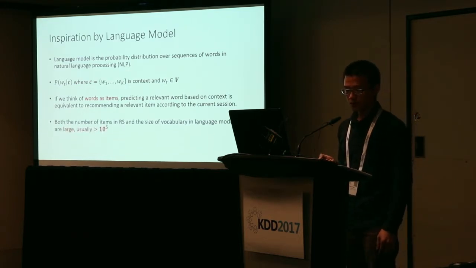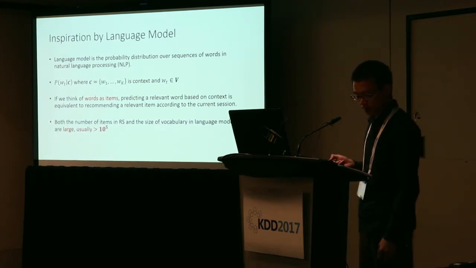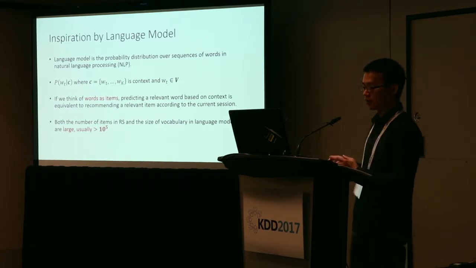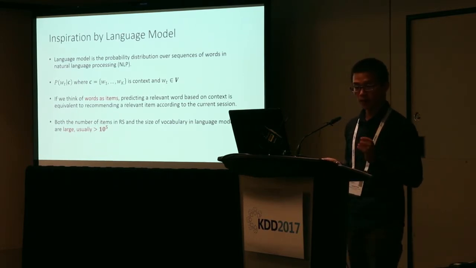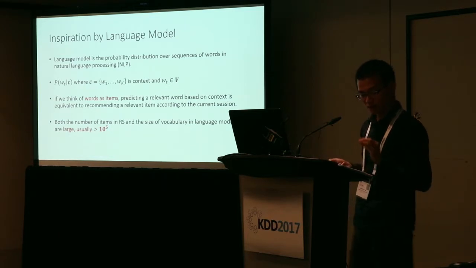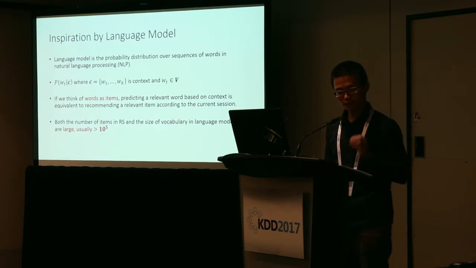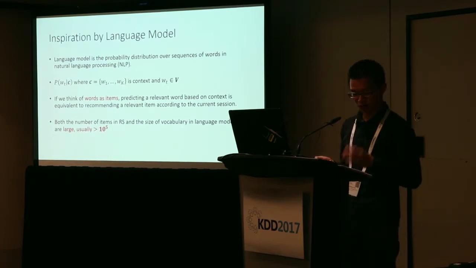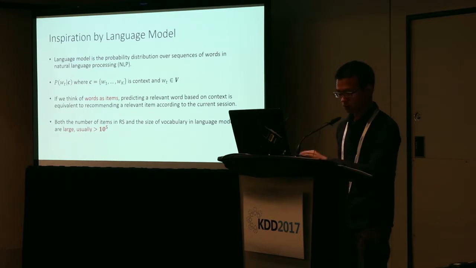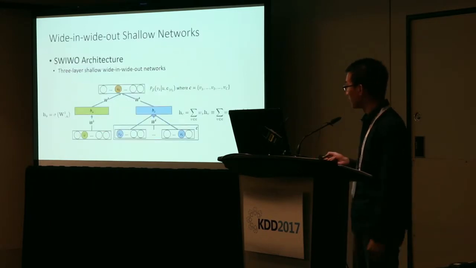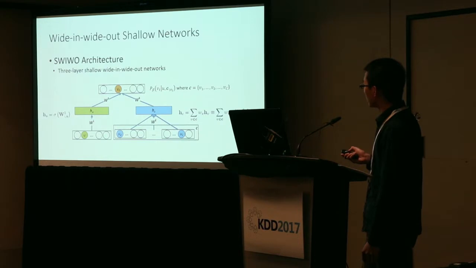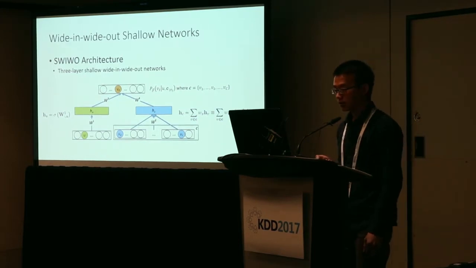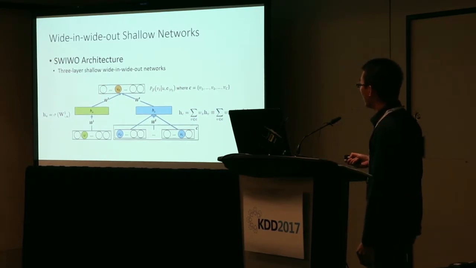Another analogy is that the number of items we can recommend is as large as the number of words in a vocabulary. These two analogies inspire us to introduce this 3-layer network.